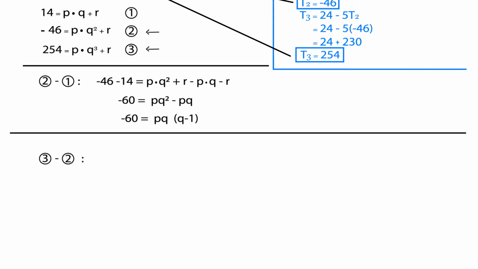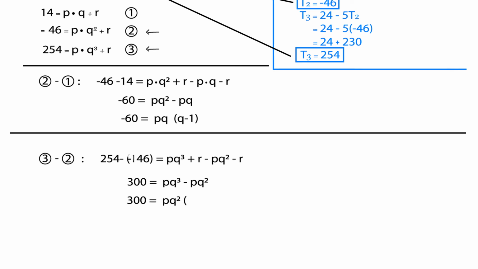So we have 254 minus 46, and that would be pq to the power of 3 plus r minus pq squared minus r. So this becomes 300, and the r's cancel, so that would be pq to the power of 3 minus pq squared. In a very similar way, factor out pq squared, and this would be q minus 1.